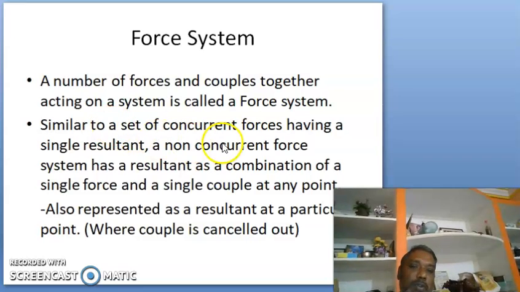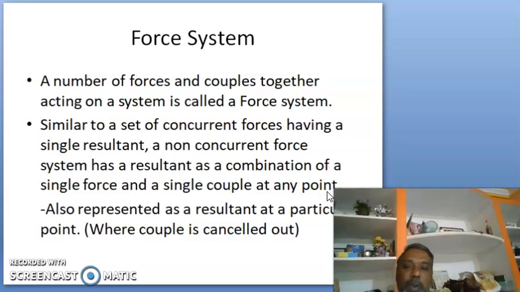This is similar to the concurrent force system having a single resultant. A non-concurrent force system or a rigid body system has a resultant as a combination of a single force and a single couple at a point.